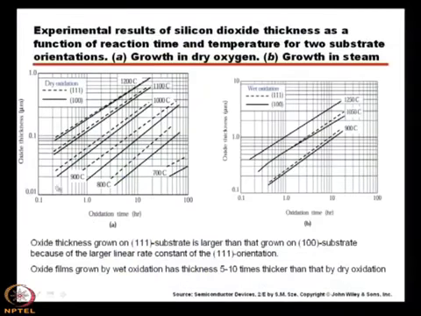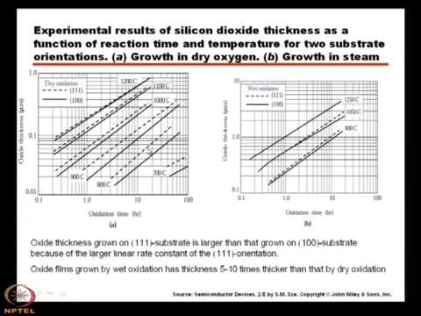So, in these two view graphs we have shown you the oxide thickness, which is in micrometer, as a function of oxidation time, as a reaction time, and temperature also. You see that this graph is for dry oxidation and this is for wet oxidation, and here the temperature used is 700 degree centigrade to 1200 degree centigrade.